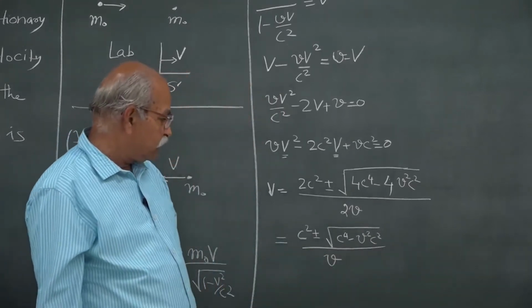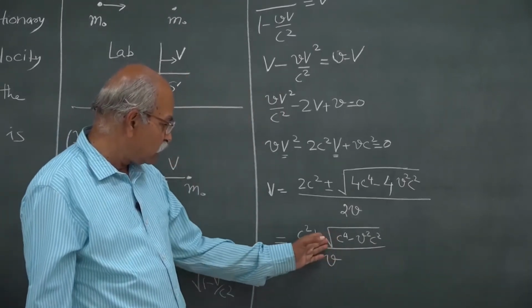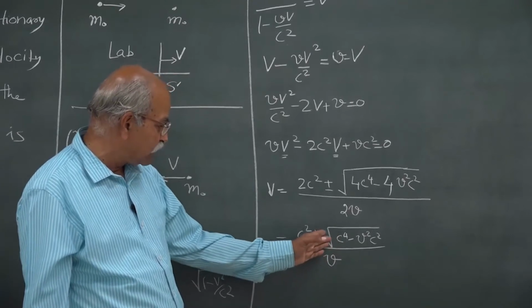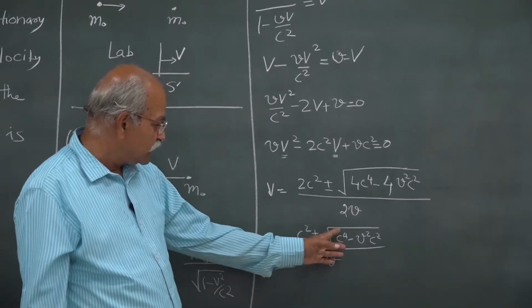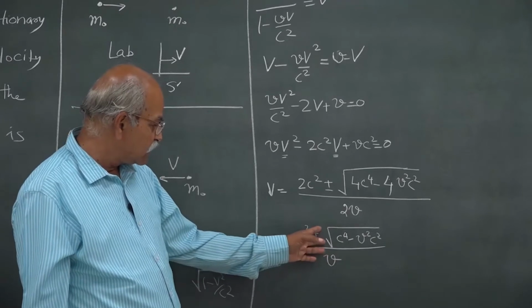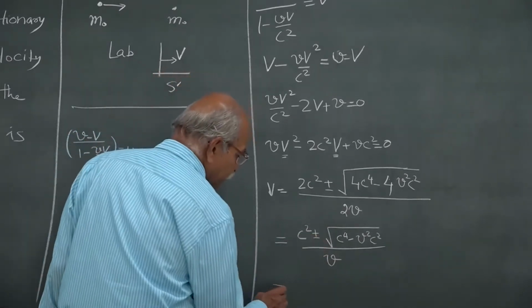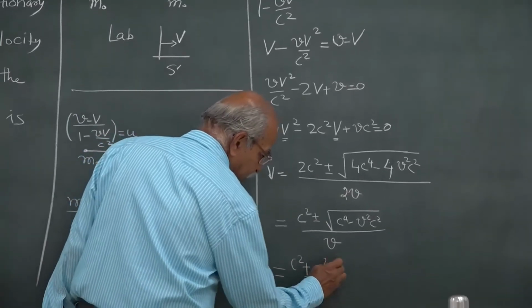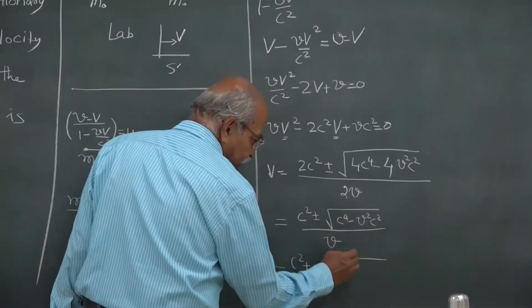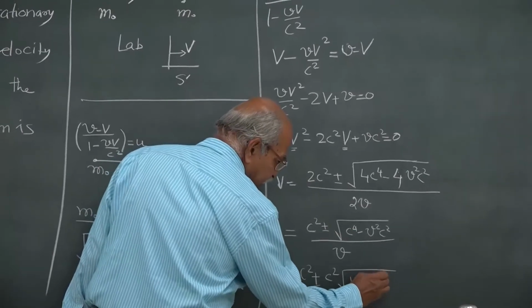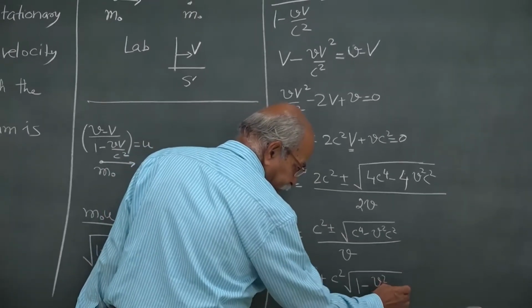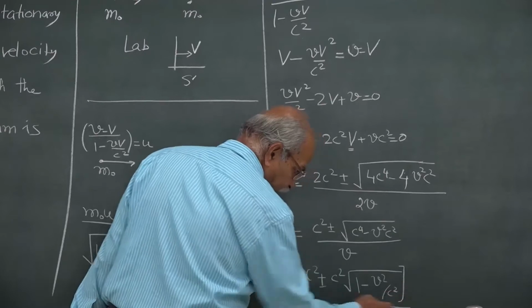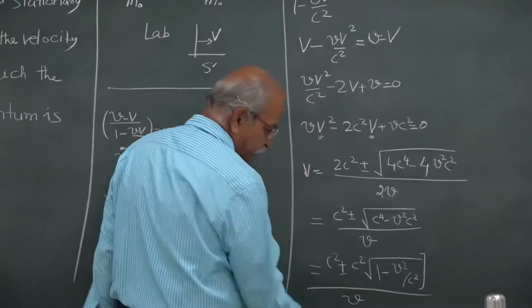If you take c to the 4 common here, square root of c to the 4 is c square. So, this is equal to c square, and then plus and minus c square, and then square root of 1 minus v square by c square, and this whole thing divided by v.